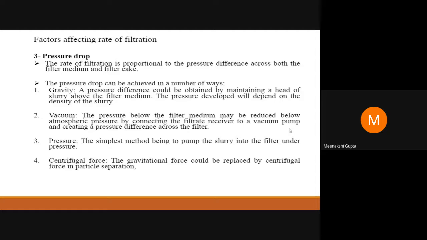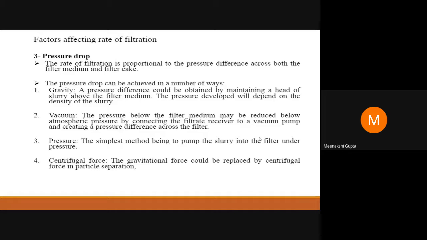Okay. Next is pressure drop. We have already discussed this. The rate of filtration is proportional to the pressure difference. So pressure drop can be achieved by gravity, vacuum, pressure, and centrifugation force. What is gravity? The pressure difference can be obtained by maintaining a head of slurry over the filter media, which creates a positive pressure on the filter media.